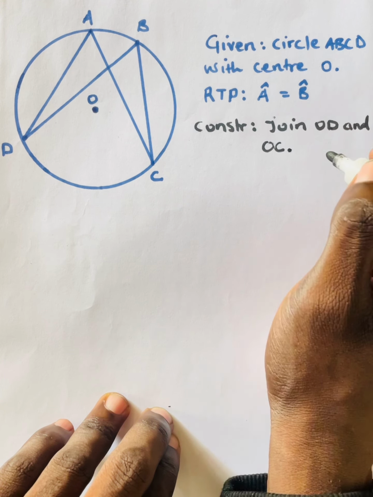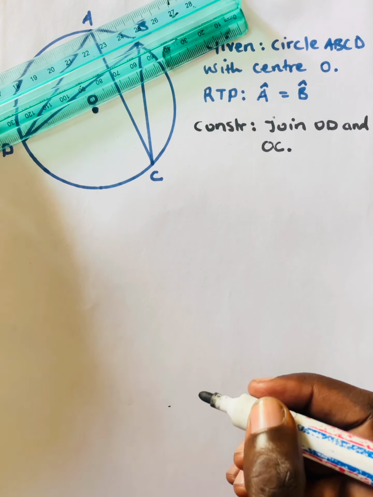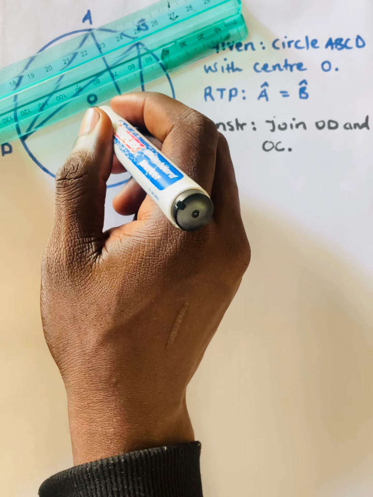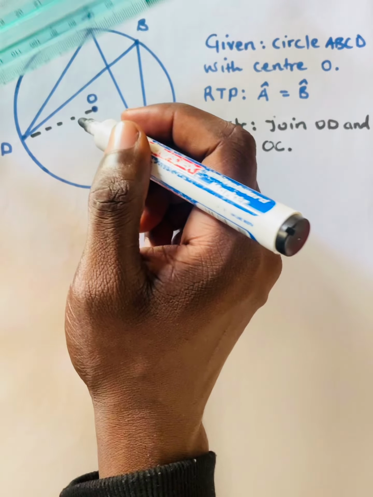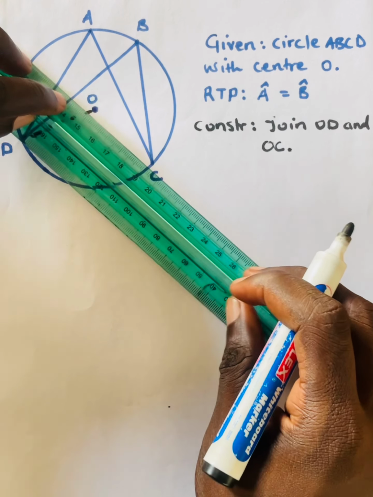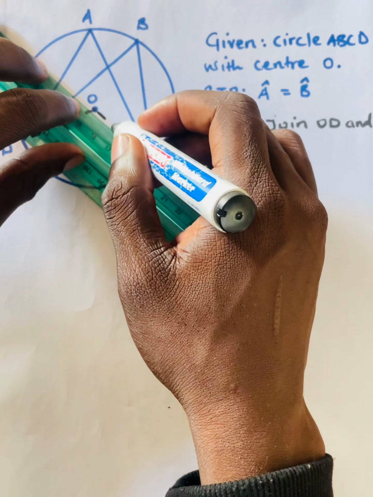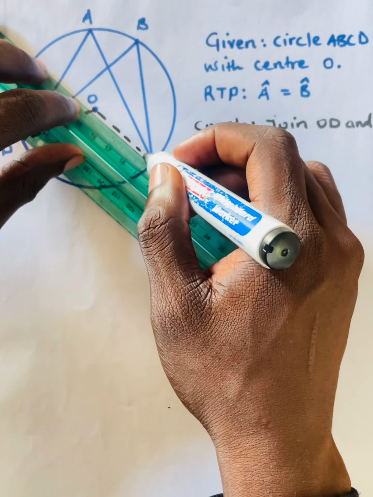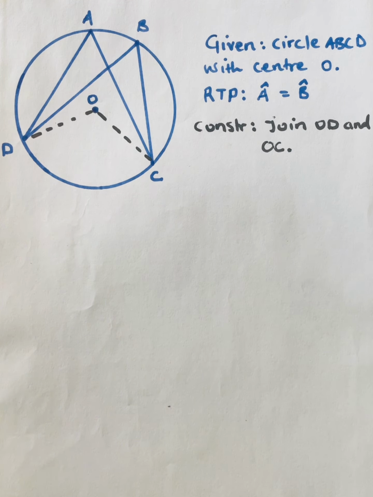My black marker is really not doing justice to my work, so let's make our construction like that. Remember, it has to be in broken lines to show that it is something you are adding. It wasn't initially included in the question, so that's why we use broken lines. After the construction has been made, we can now begin with the proof.